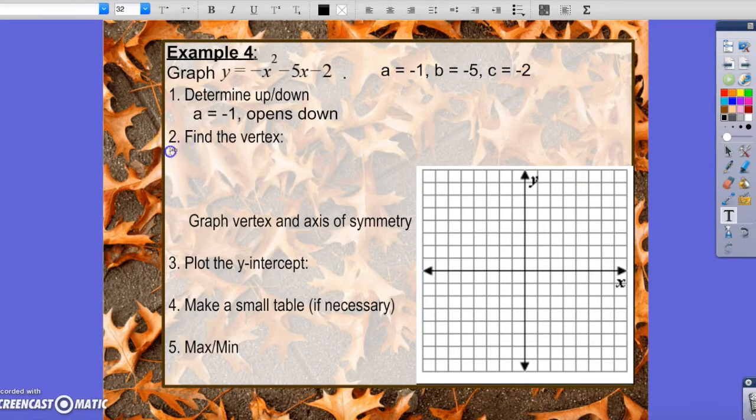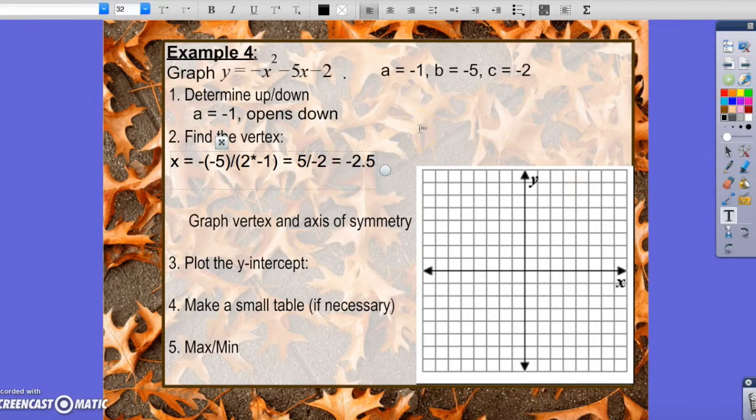Find the vertex. We have x equals -b, so it's -5 divided by 2 times a. My a is -1. So it's 5 divided by -2 equals -2.5.